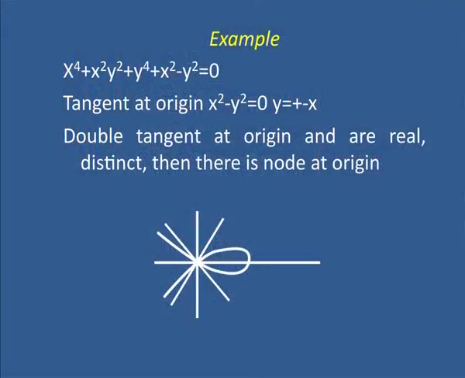We have two real and distinct tangents at the origin. It is called a double tangent at the origin. Both are real and distinct. Then there is a node at the origin. A node is shown as in the picture.